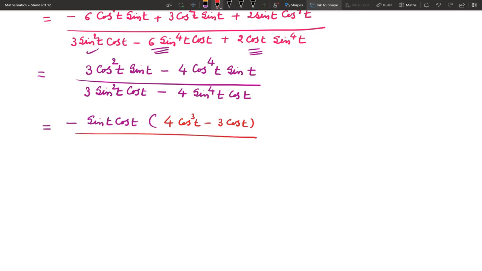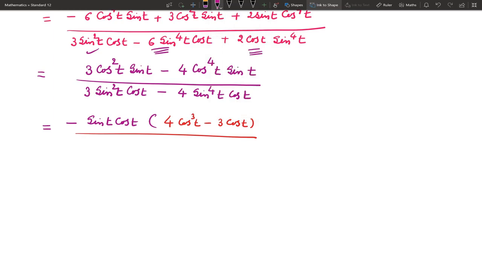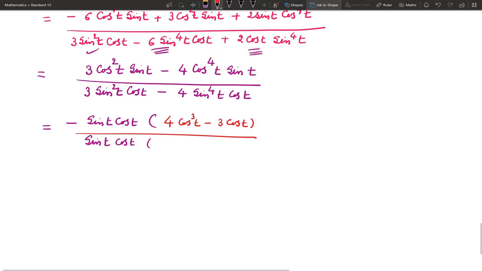In the denominator we take sin t cos t common, so into bracket 3 sin t minus 4 sin cube t.